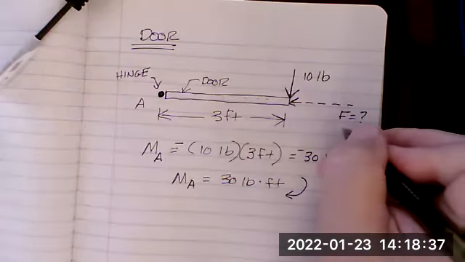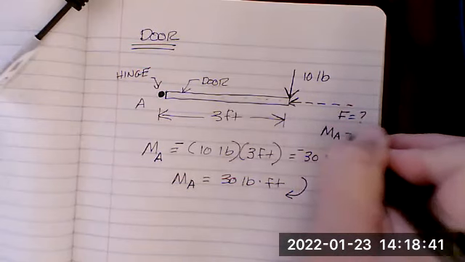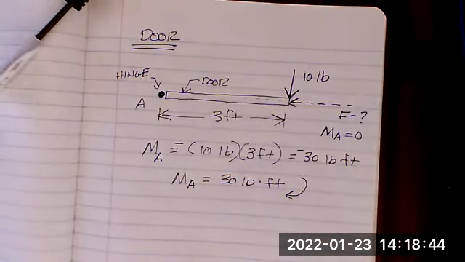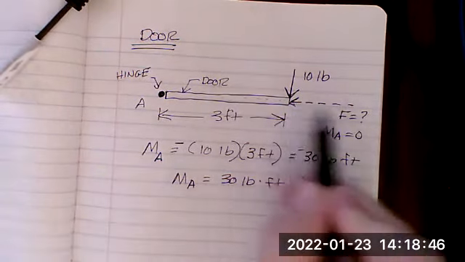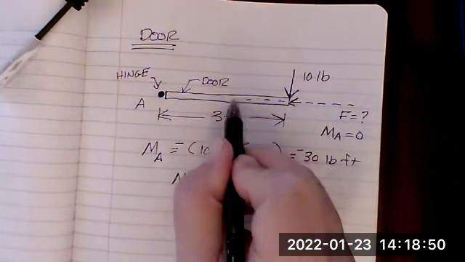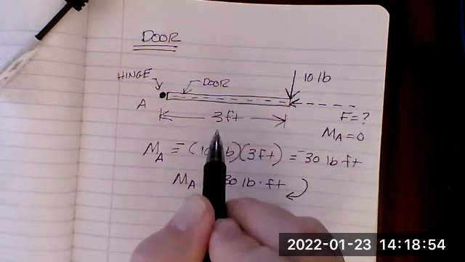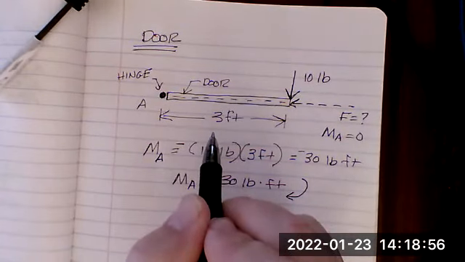Again, there's no moment. So the moment about A with this force is 0, because this is not going to produce a moment. Again, all you have to do is extend the line of action, and you see it's going to intercept that point.